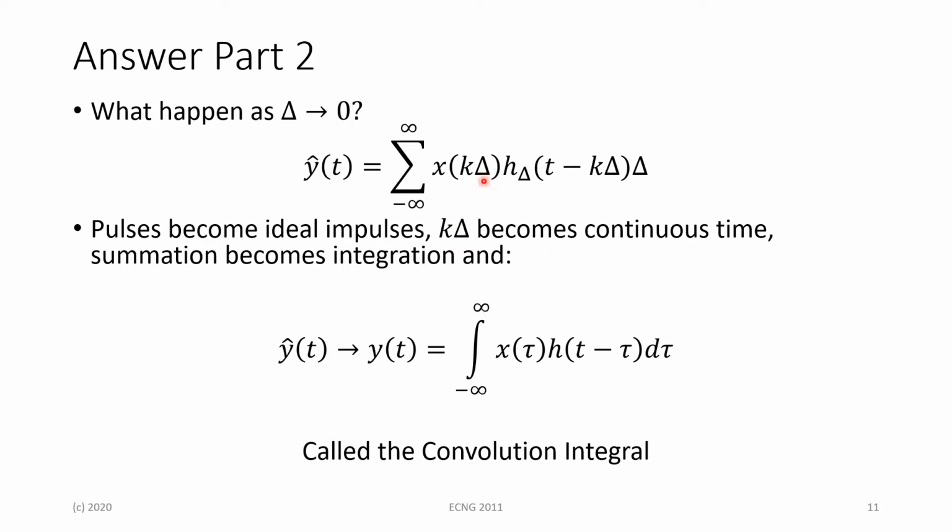So our x of k delta now becomes x of tau. Our h delta of t minus k delta, multiplied by that same rectangular width, now becomes h of t minus tau, and this delta becomes d tau.